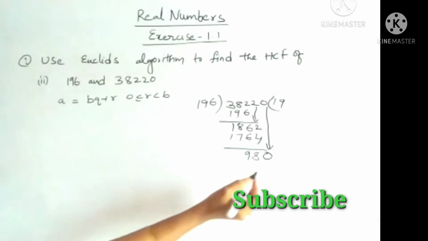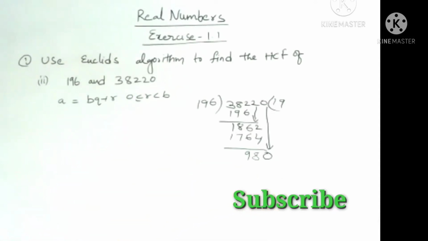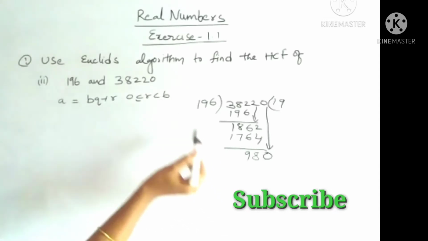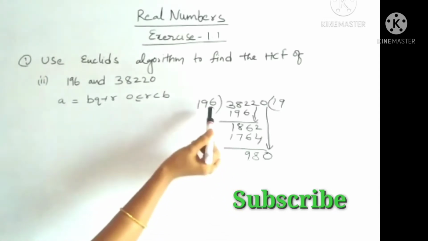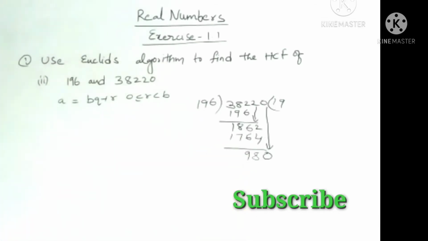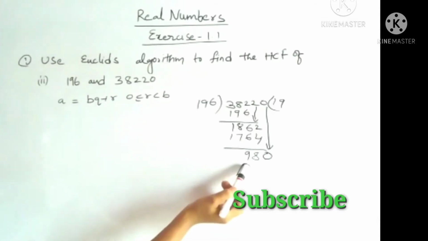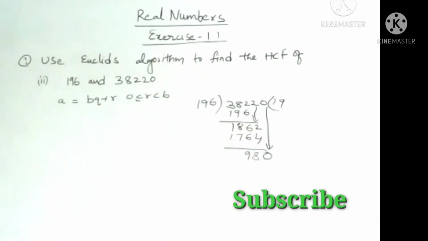Again, until we get a number smaller than the divisor, we should continue our division, because this is continuous division. We cannot divide 196 by 980, right?